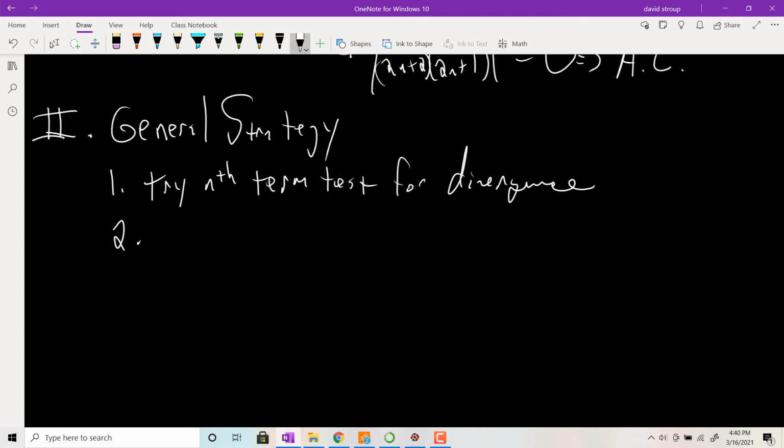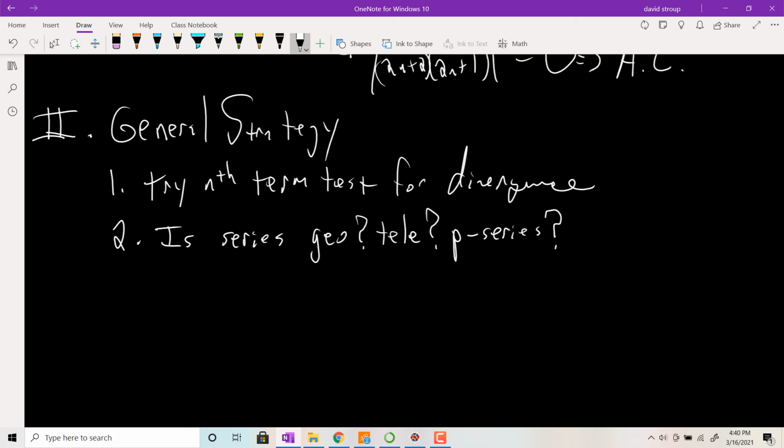Then you move on to the series that you can identify. You ask yourself, is the series geometric? Is the series telescoping? Is the series a p-series? Is the thing an alternating series?